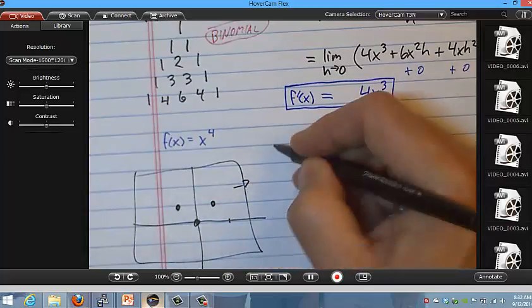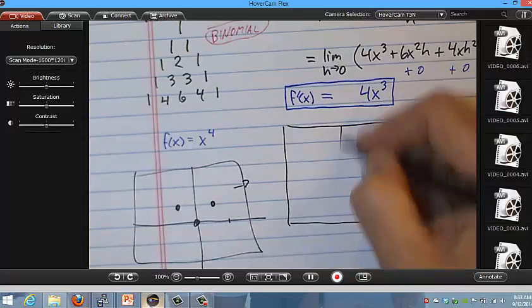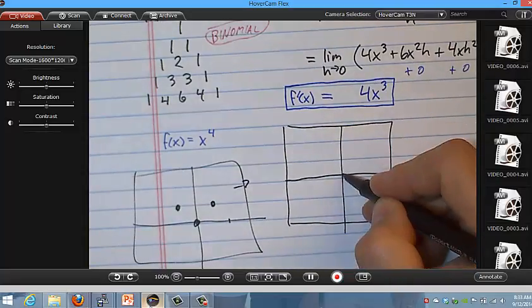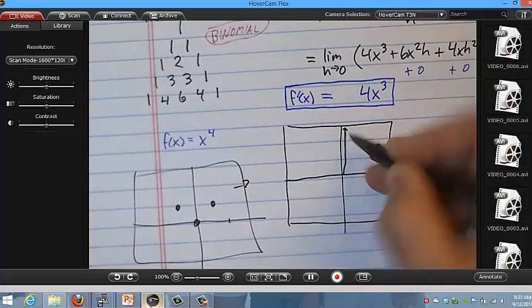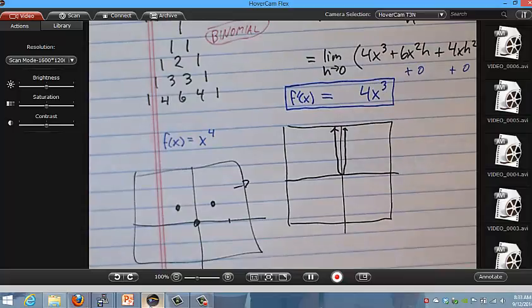Let me zoom out. So here's my fancy zoom out picture. You have to understand something about x to the fourth. It really shoots up rapidly. And you see this drawing? This is not right. It's not to scale. I mean, it takes off. Are you with me?